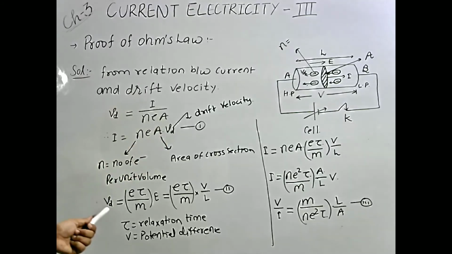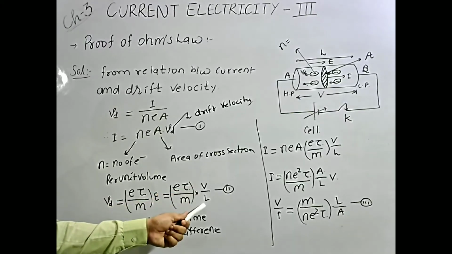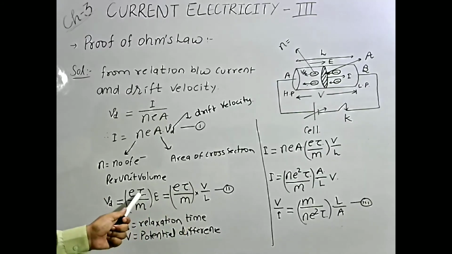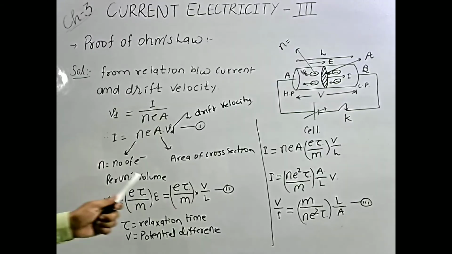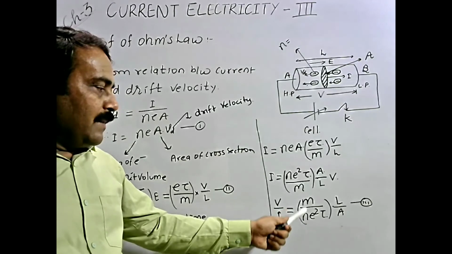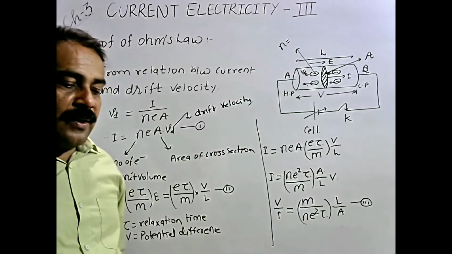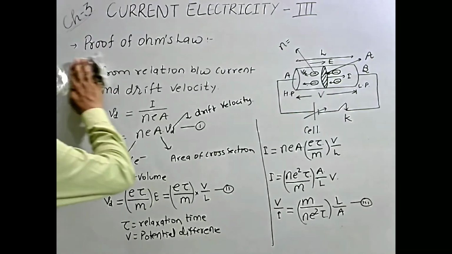As we know, drift velocity is equal to e into tau upon m into E, and E is equal to V by L, where tau is the relaxation time and V is the potential difference. Clear? So put this value in the first equation. After simplifying, V upon I equal to m upon n e square tau into L upon A. Okay, now you note down.